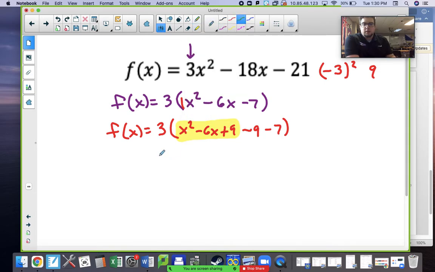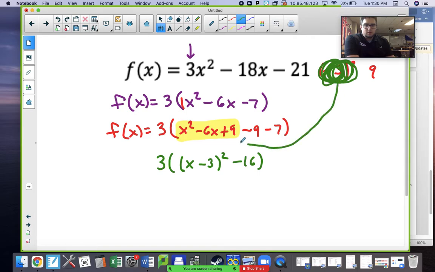Let's go with green. So we still have the 3. I'm going to combine my like terms to negative 16. And I get x minus 3, whatever number we put up here goes right there.